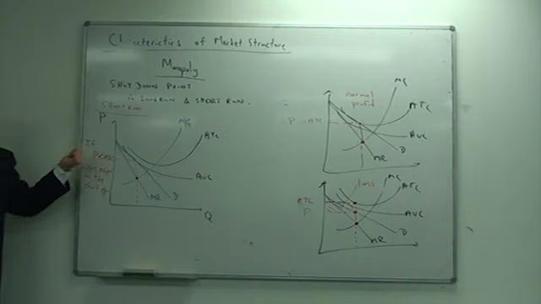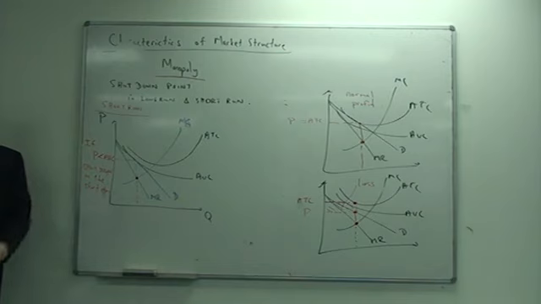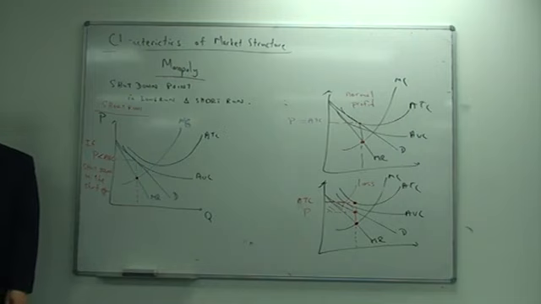Yeah, if you are selling your pen for $5, and if you can't even cover your average variable cost, such as wages, you are in trouble. Make sense? Very good. If you can't even cover all these variable costs, you're finished. You have to shut down. Okay?